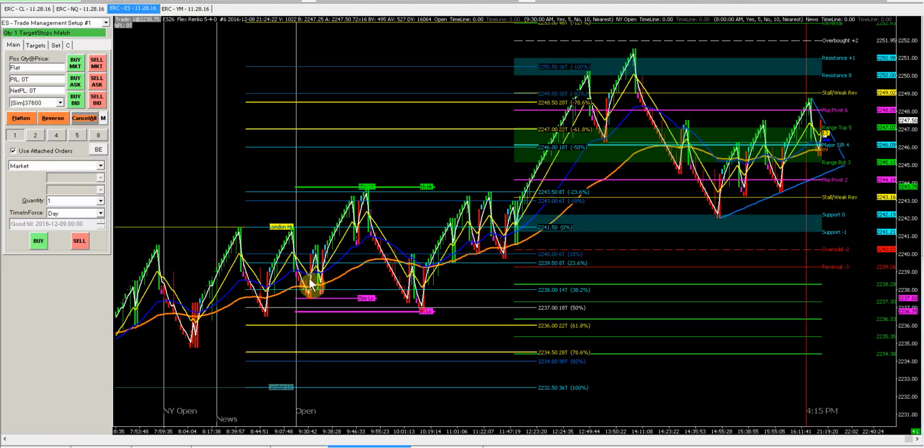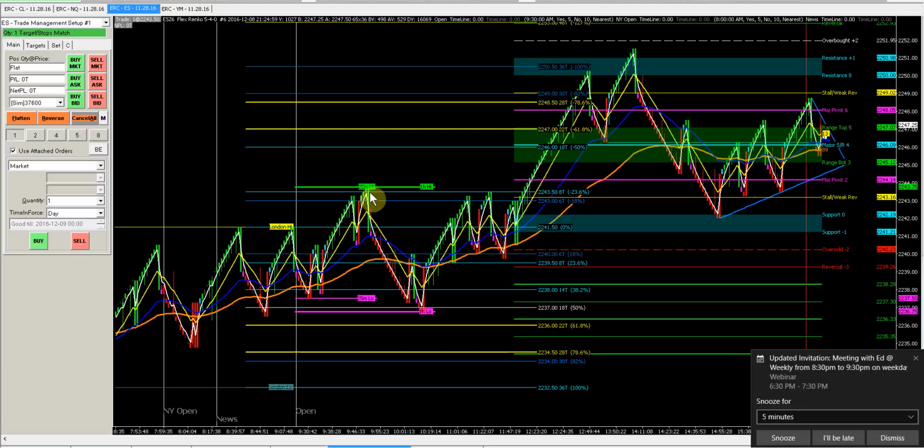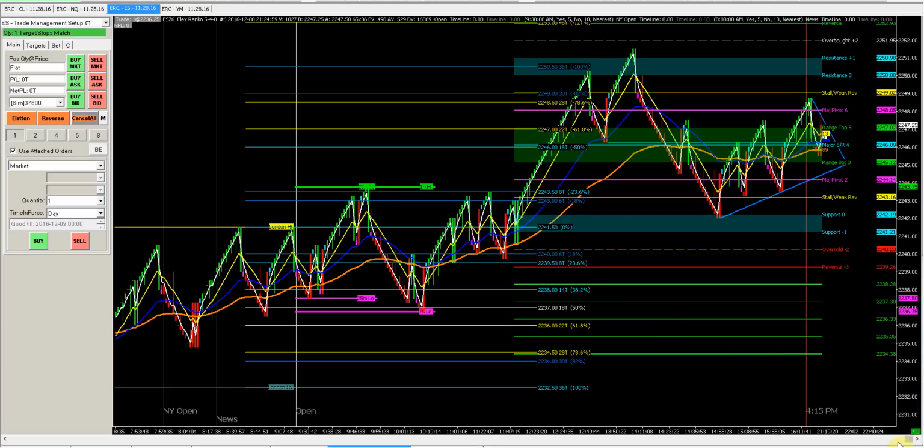You would have lost a couple of 2 or 3 ticks, which is putting at risk less than $50 if you're trading one contract. You would say, for example, 4 ticks, which is $50, and then it went up north. So you could have gotten out at any time up here.